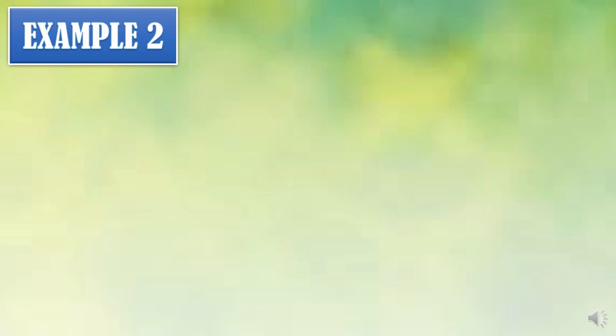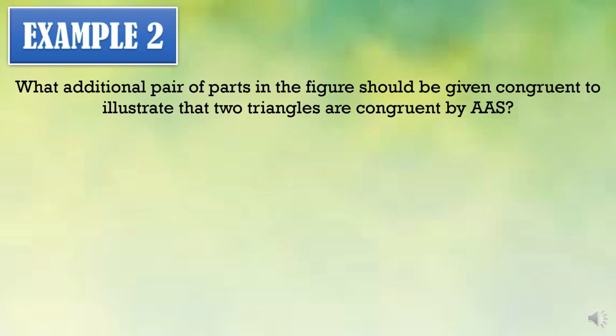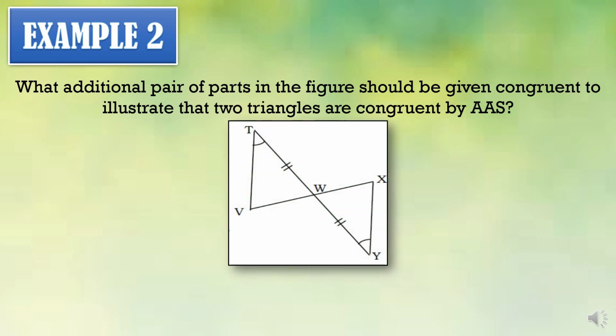Let's take another example. What additional pair of parts in the figure should be given congruent to illustrate that two triangles are congruent by AAS? Based on the given markings, angle T is congruent with angle Y. Line segment TW is congruent with line segment YW.